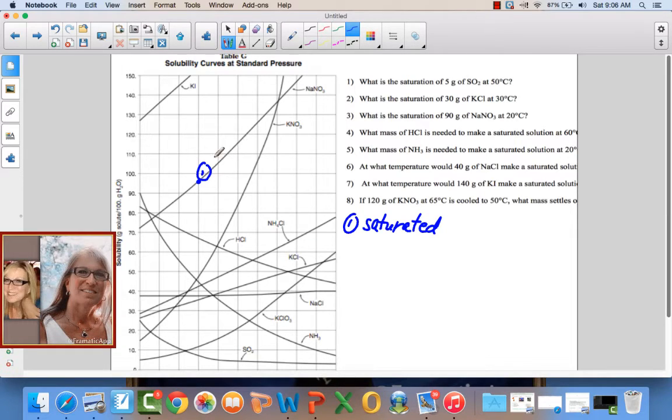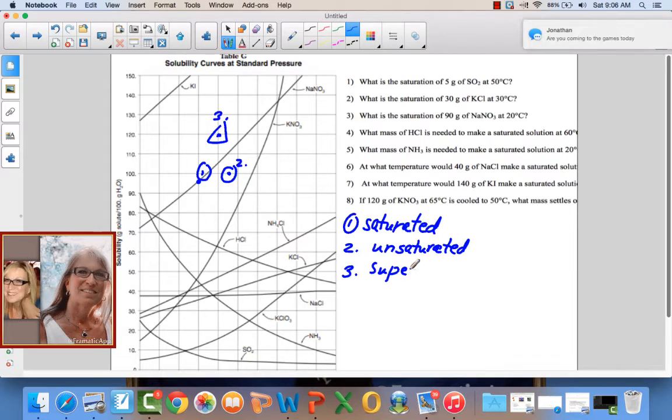If I'm looking at the NaNO3 line and my data point is below the line, then I say that I am unsaturated. And if my data point is above the line, in this case the NaNO3 line in question, then I say that the substance is supersaturated.